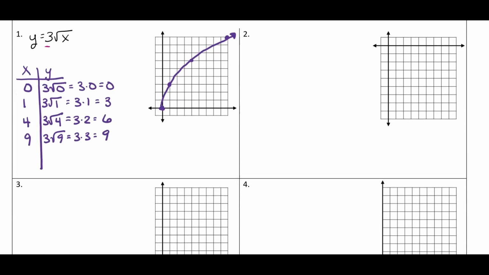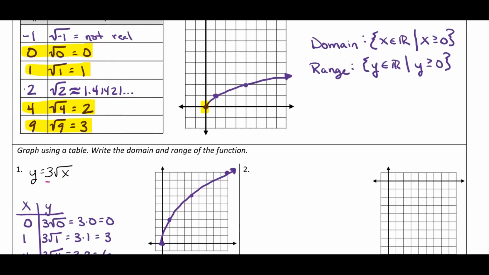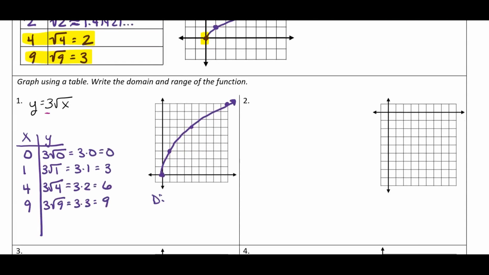Now again, we're going to do our domain and range. So our domain here is going to be all the real numbers. And notice again, we're starting at 0, 0. So x's are going to be all real numbers greater than or equal to 0. And y's are going to be all real numbers greater than or equal to 0. Now this time, instead of using our notation that we used on the parent graph, which is set builder, we're going to use interval notation.